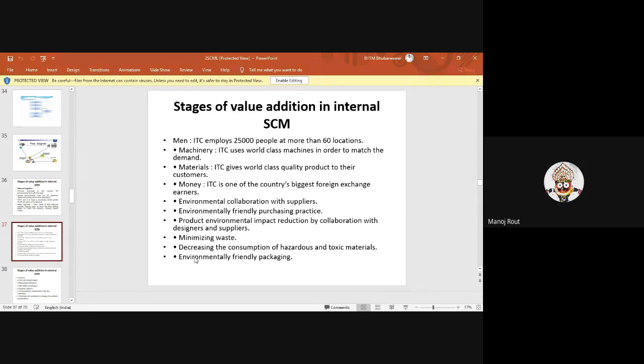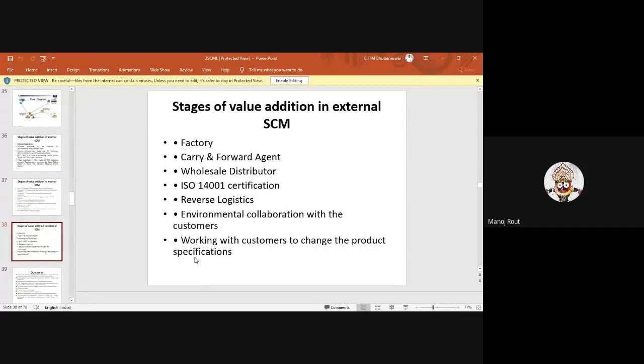The next stage is the stages of value addition in case of external supply chain management. The most important thing is your factory or organization that provides infrastructure. The next part is your carry and forward agent. Nowadays carry and forward agents act as companies, and they can maximize their margin through the distribution or mode of supply chain networks.